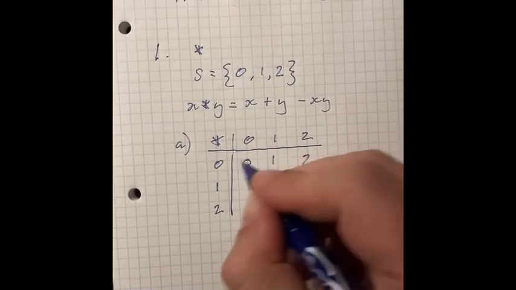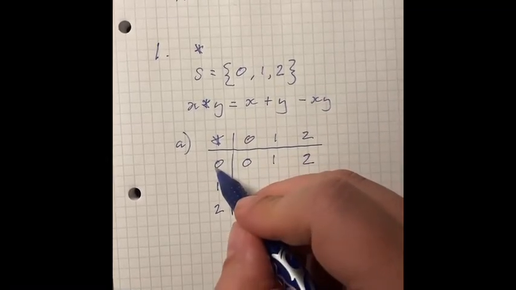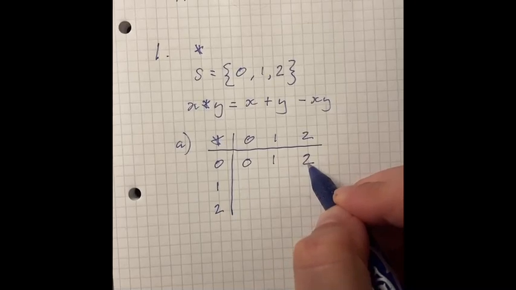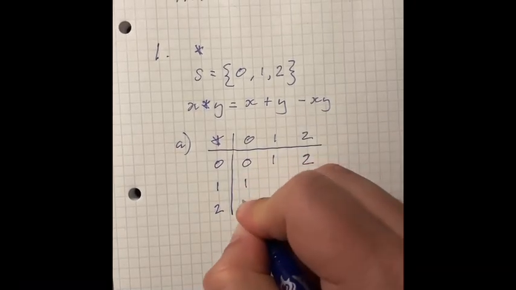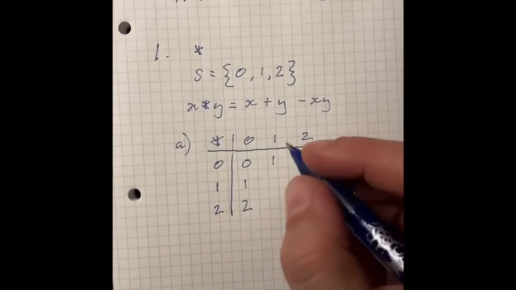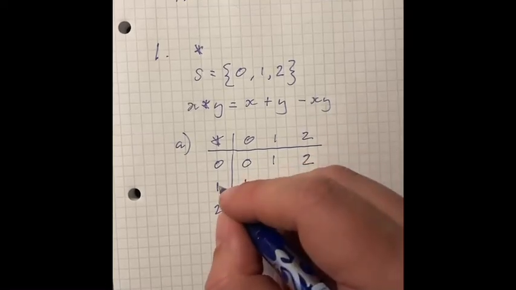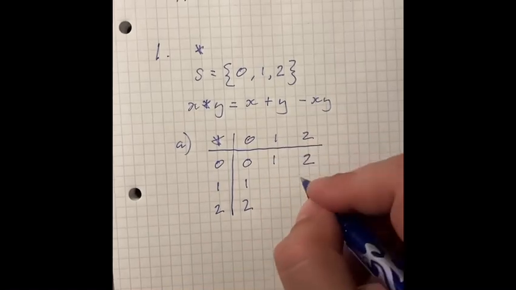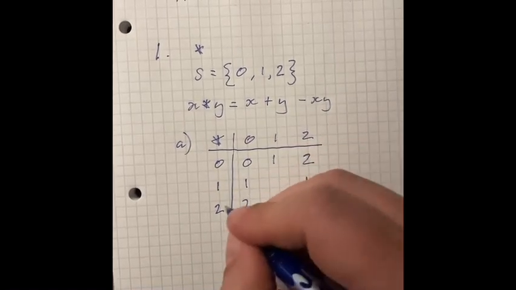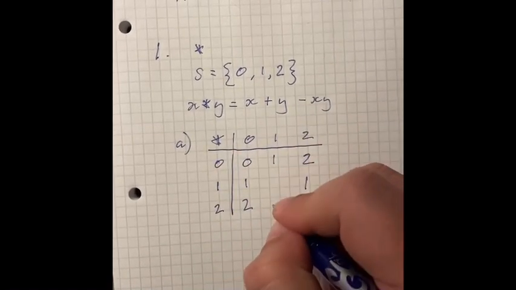If you want to check that, 0 plus 2 minus 0 is that, so we can fill those in relatively quickly. 1 star 2, we got given is 1, so 1 star 2 is 1, and 2 star 1 will be the same thing.